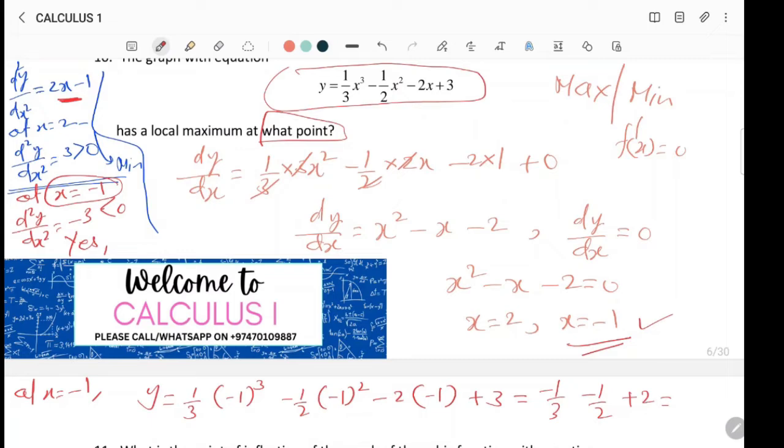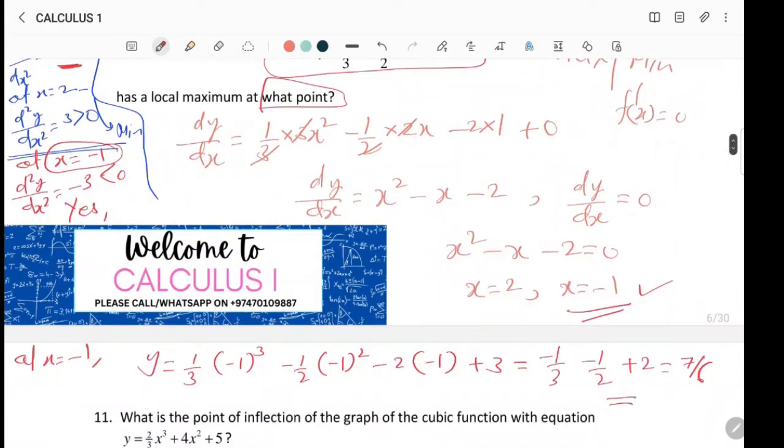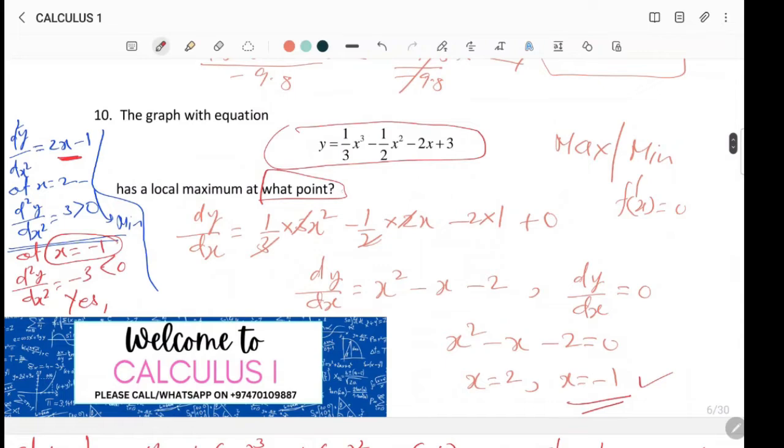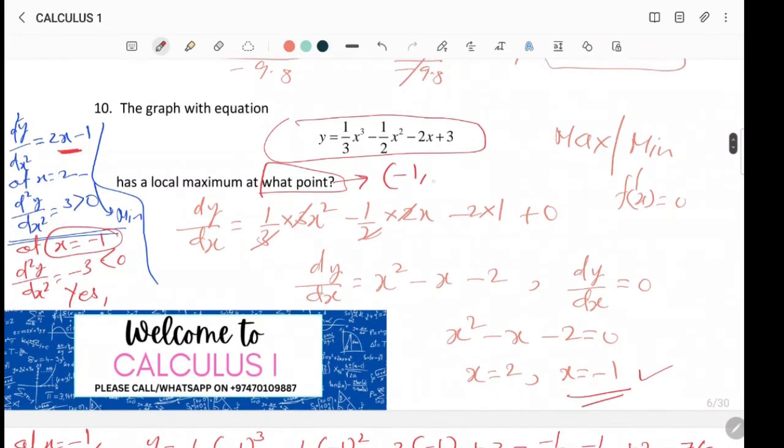That says -1 over 3, and here we can write -1 over 2, and then +2. So I got 7 over 6. Okay, so finally x is -1, y is 7 over 6. So what was the question? What's the point? Point is -1 comma 7 over 6.